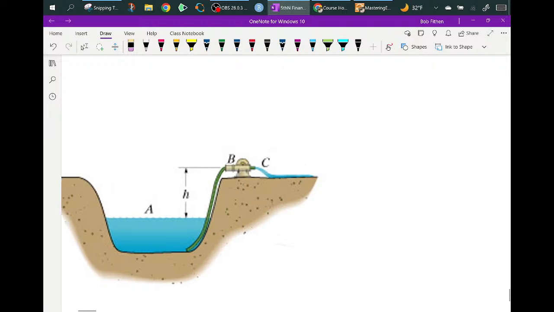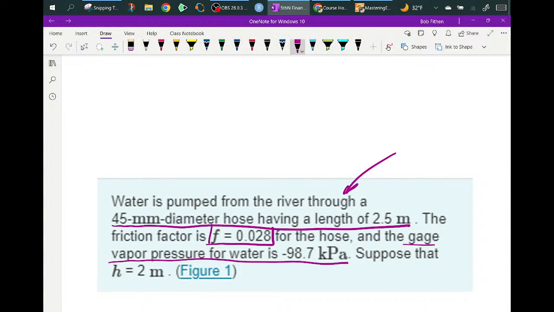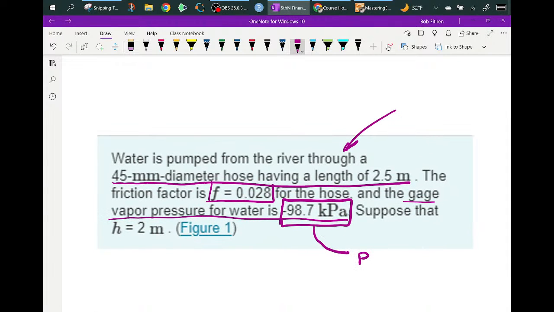Now, what he has told us is something very interesting here. Since he has given us a pressure which is negative, this means that this vapor pressure has to be gauge, because there is no such thing as an absolute negative pressure.